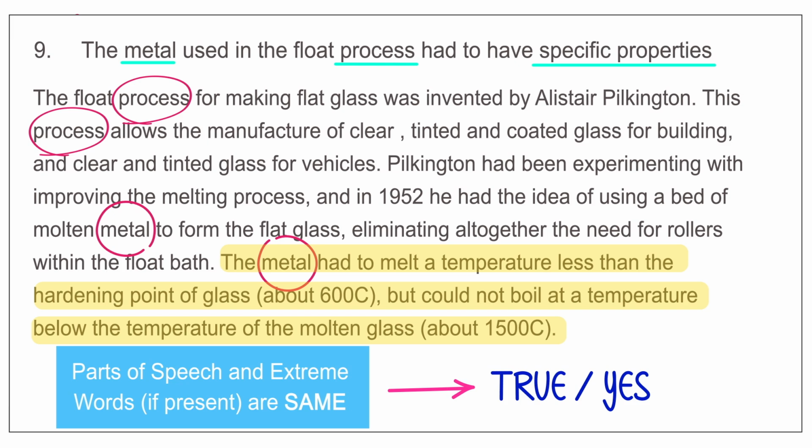So that's all for today. You got to know how to answer and how to use some strategies in order to answer question types of yes, no, not given, or true, false, not given. What I suggest to my students most of the time is to try to answer as many questions as possible. There are so many questions that you can easily find on the net, yes, no, not given.